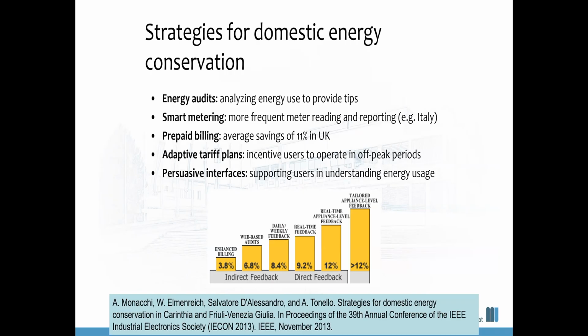There are different ways, like energy audits, analyzing the energy use and providing tips. Smart metering, just more frequent meter reading and reporting, which was implemented in Italy quite early with the smart meter rollout.